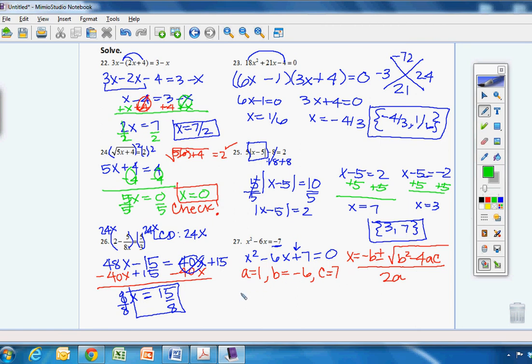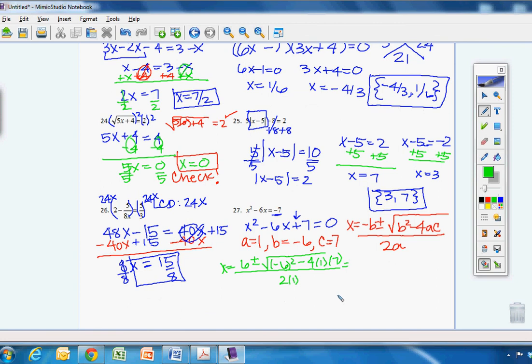So opposite of b is going to be 6 plus or minus the square root. B squared is going to give me, whoop, hold on, let me fix that. Okay, negative 6 squared minus 4 times a is 1 times c is 7, all over 2 times 1. I'm going to move this down a little bit, get more room.